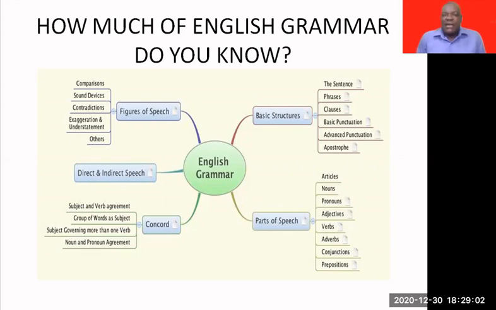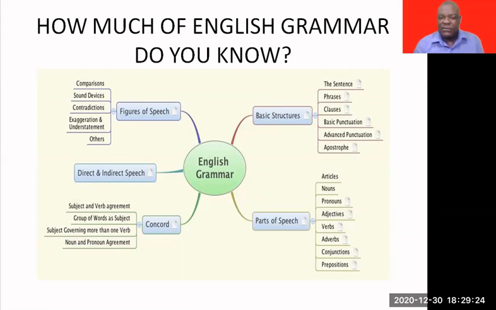So English grammar includes the basic structures. When we look at the sentence, the phrases, the clauses, basic punctuation, advanced punctuation, the apostrophe, all these are included, the basic structures. They are all aspects of grammar.